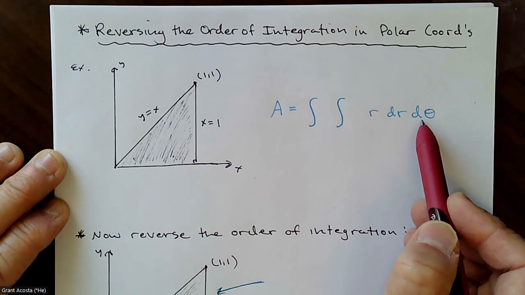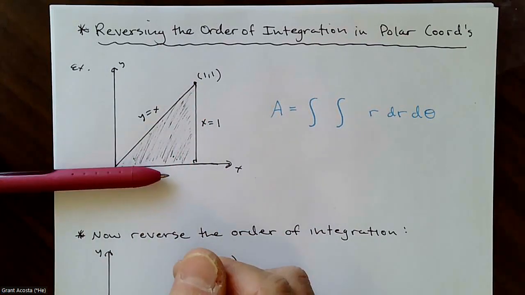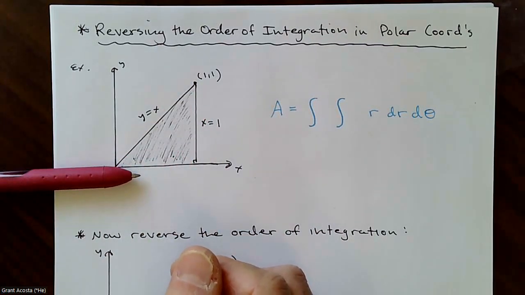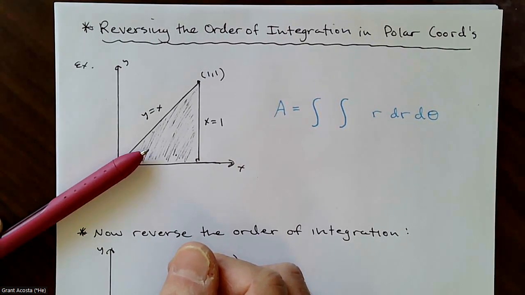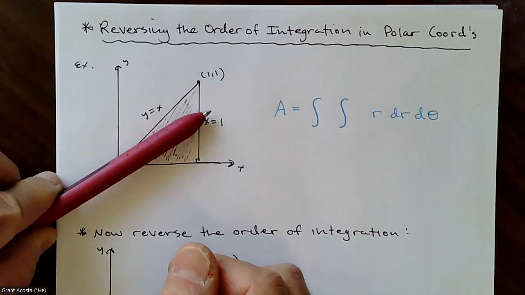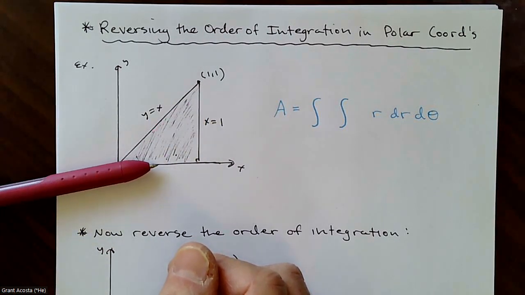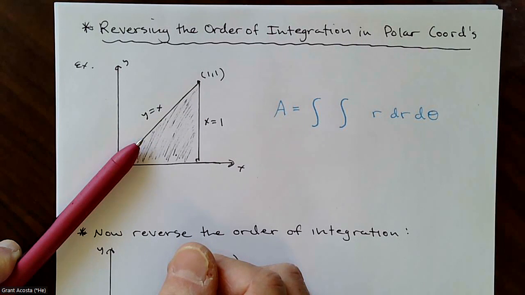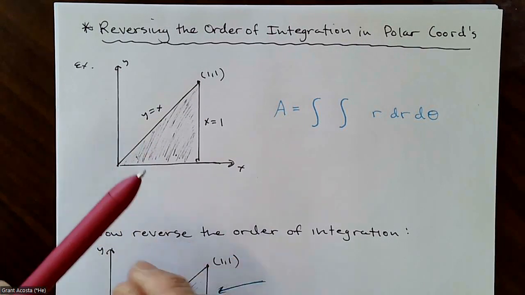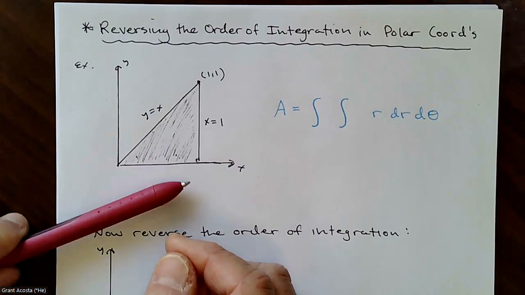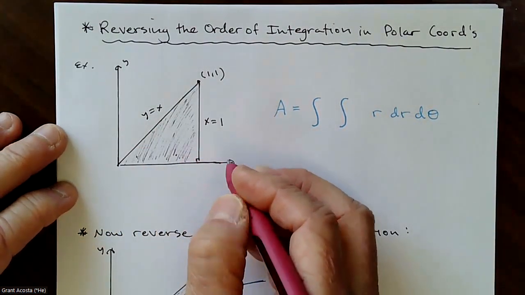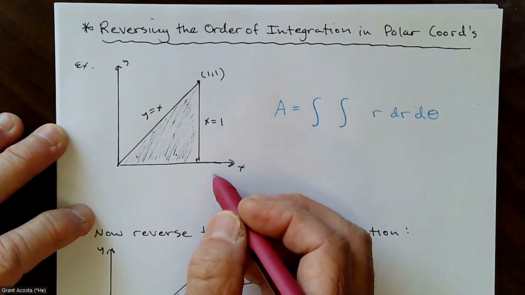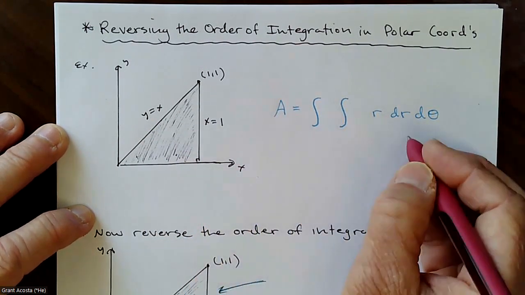For an arbitrary value of theta, remember theta equals 0 is facing the x-axis, and as theta rotates counterclockwise, r would be the distance from the origin. So theta would go from 0 to this angle, y equals x, which is pi over 4, that's 45 degrees. So for an arbitrary theta, what would r vary from?